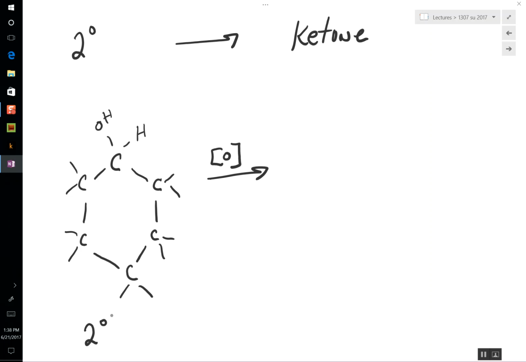So you'll get the carbon. Well, remember, you're going to get the double bond right there. Carbon-oxygen double bond is going to be right there. Yes. Good. Yeah, there you go. Okay?